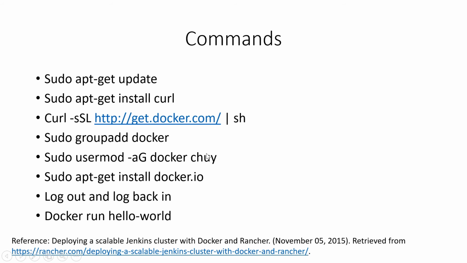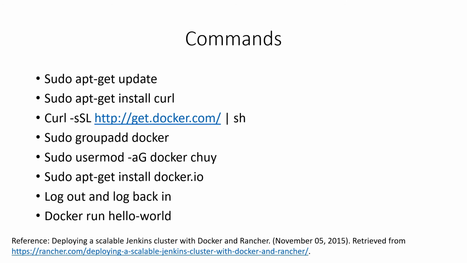This is what I used, but in our group we have another one which our group leader knows, and we use apt-get to install Docker. If Docker doesn't show in your environment, you have to install it, then log out of the user and log back in, and then you can use the Docker command. Then we use Docker to run hello world. This is how we do the first step to give a simple hello world Rancher Docker.